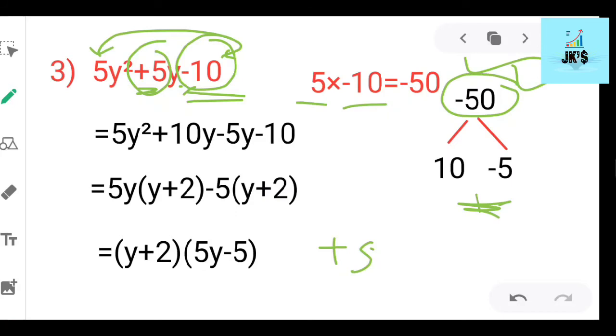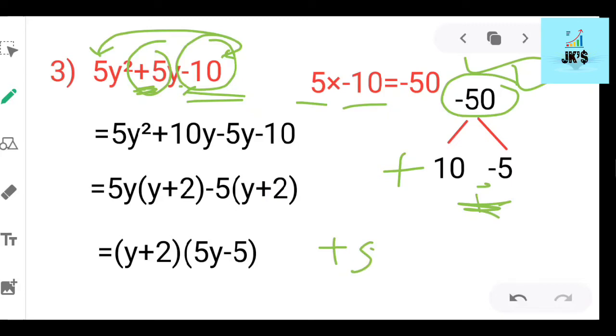So 10 fives are 50, plus 10 minus 5. The sign of the middle term is given to the greater one and the opposite sign to the smaller one. So our factors are plus 10 and minus 5.